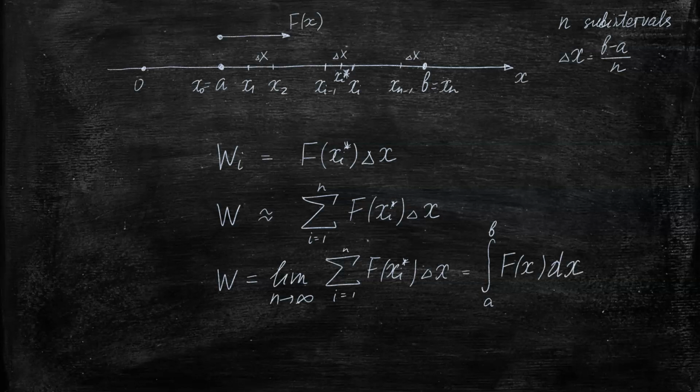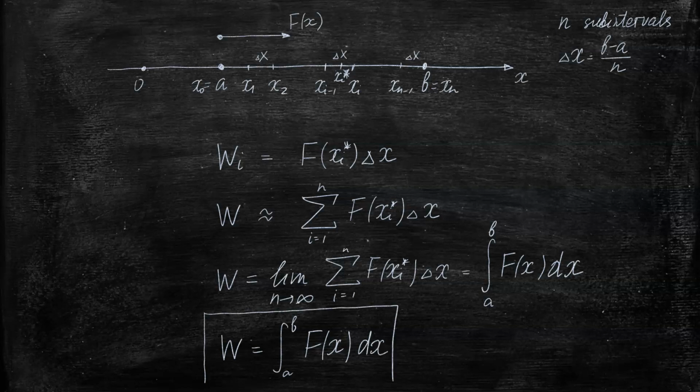So the formula for finding the work done by a variable force to move the object from a to b, if the force is given to us as a function of x, is this definite integral. And this is the first formula.